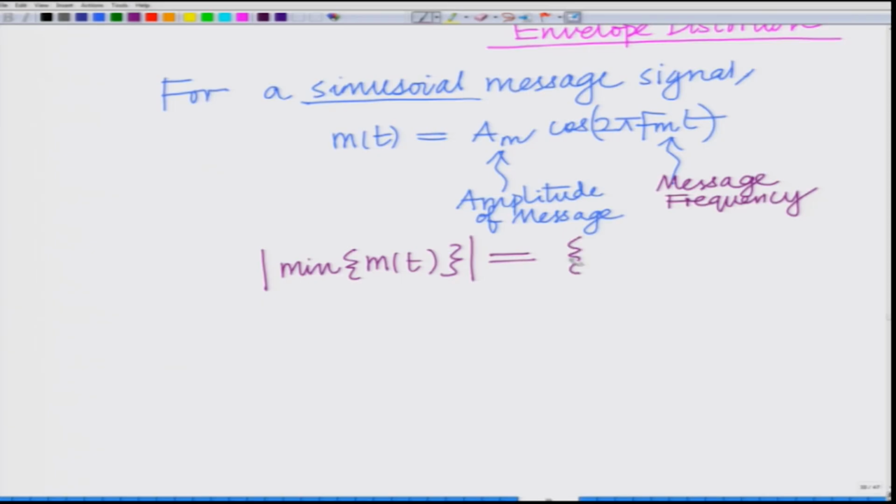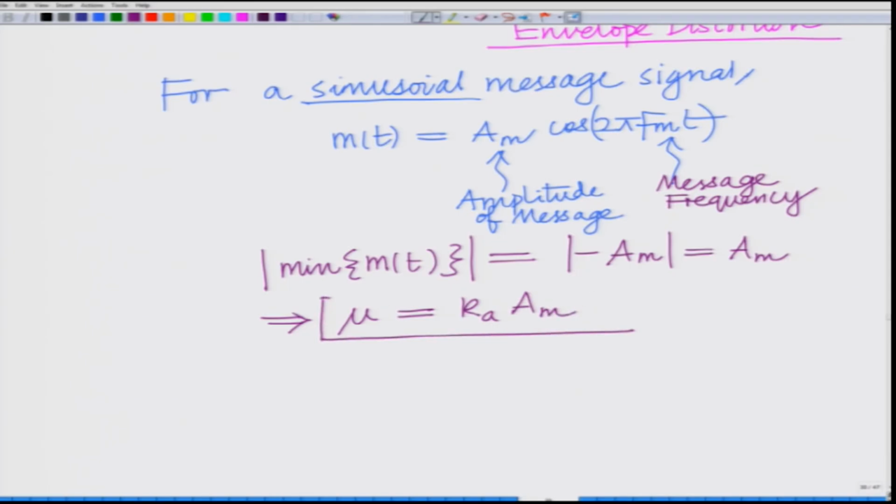So, the magnitude of the minimum of mt, if Am is positive, is Am, which implies mu equals Ka times Am, correct.